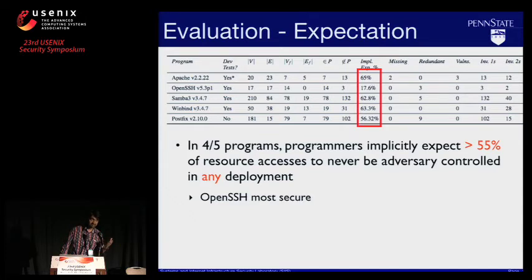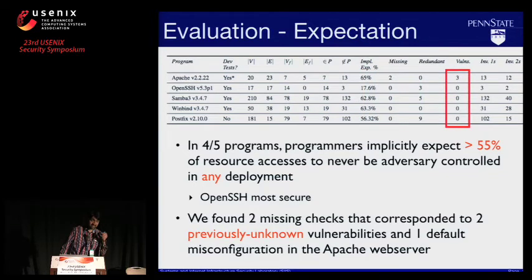This means that if any of those are compromised, maybe due to a misconfiguration or an access control policy being permissive, then your program is compromised. In addition, we found 2 missing checks that corresponded to 2 previously unknown vulnerabilities and a default misconfiguration in the Apache web server.